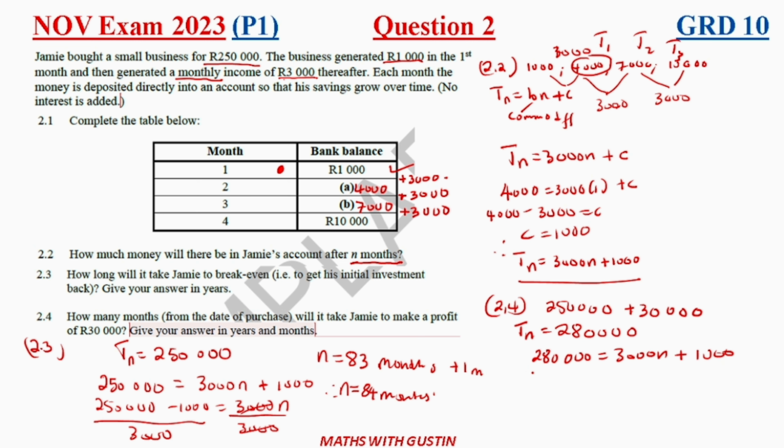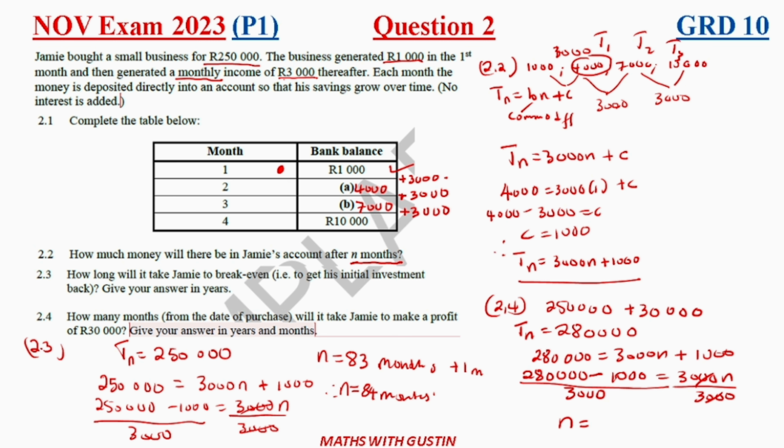So we take the 1000 to that side, it's going to be 280,123 minus 1000,123 is equal to 3000n. Okay, divide everything by 3000, therefore they cancel out, therefore n is going to be equal to, let me just go to my calculator quickly. n is going to be equal to how much?